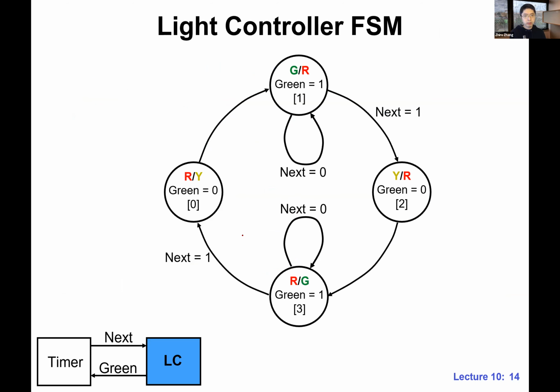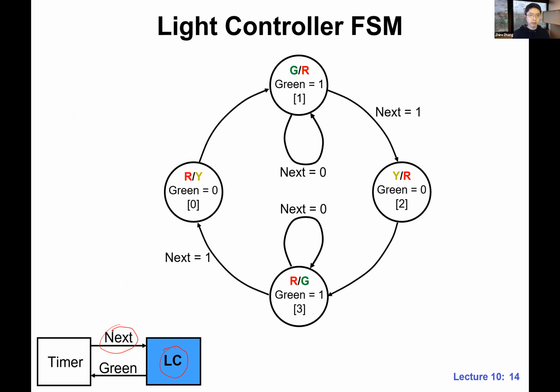Maybe let's take a closer look at these 2 FSMs before things are hopefully clearer. One more time, we have 2 FSMs communicating with each other. Let's look at the LC, the light controller, first. We have a next signal from the timer.